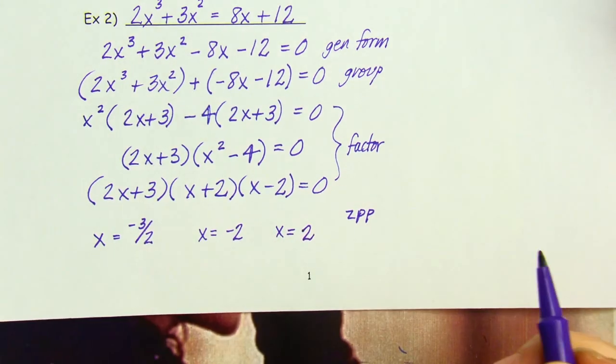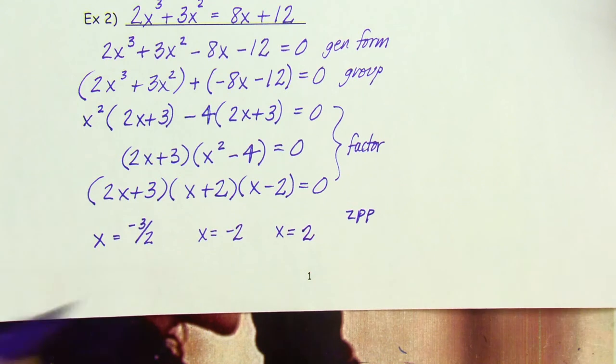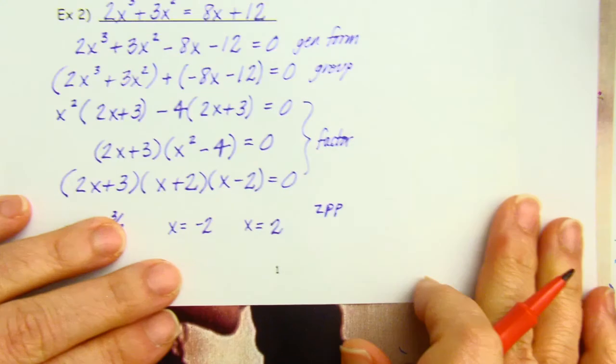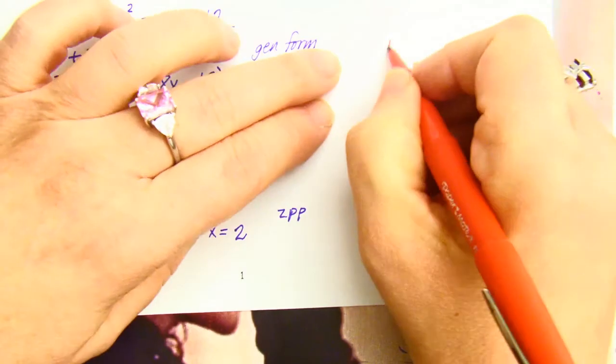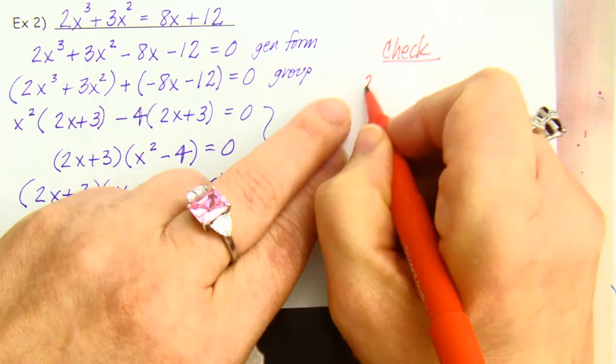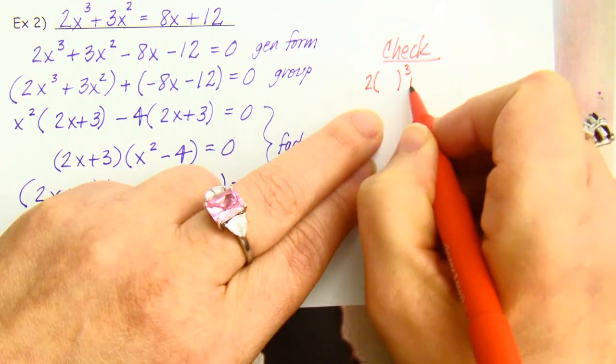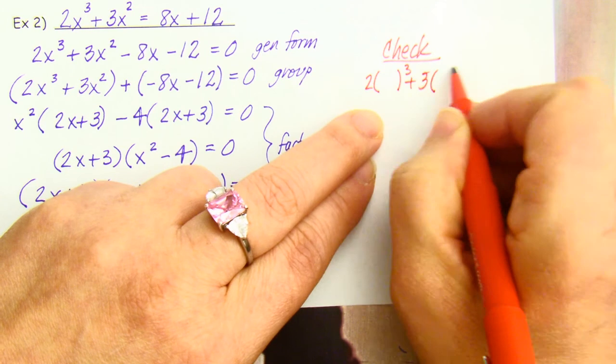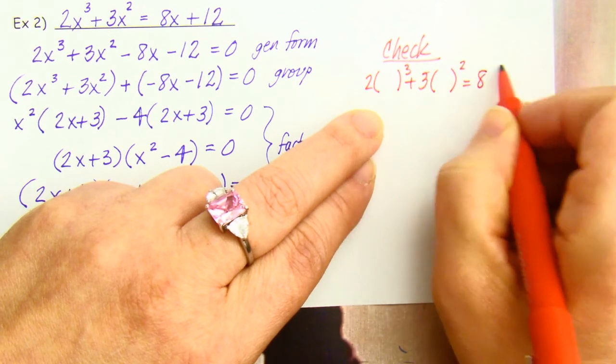Okay, now I'm going to set up for my checking, which, you know, takes a few seconds to write out. 2x cubed plus 3x squared. I do like to write the template and substitute in.